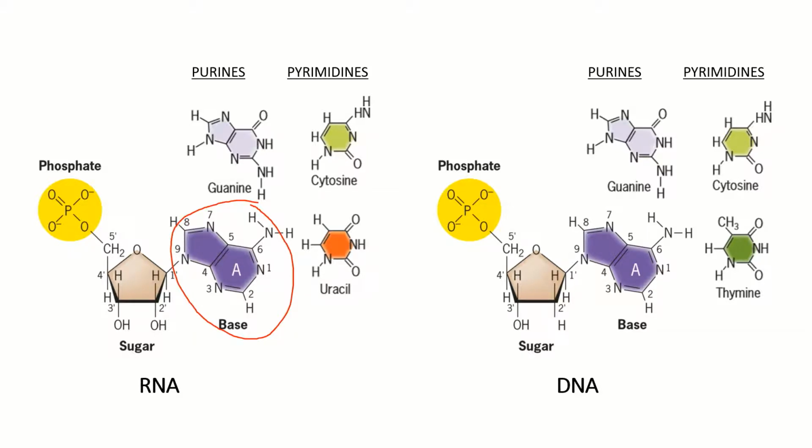For DNA, the nitrogenous bases attached to the phosphate and the sugar are exactly similar to those of RNA, except for one of the pyrimidines, and that's thymine. So instead of uracil being partnered to adenine, in DNA we have the base thymine.